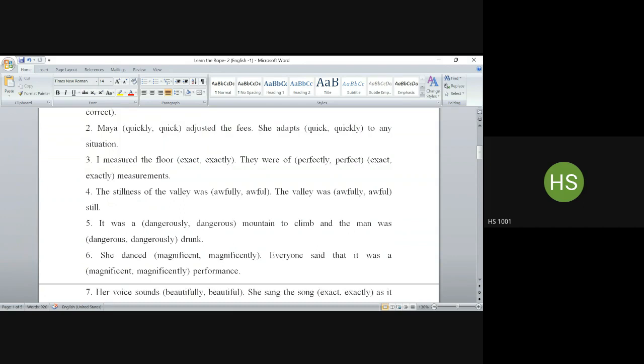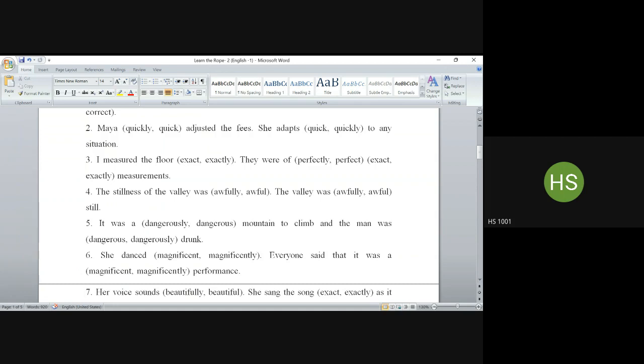So the stillness of the valley, the whole of that part is a noun construction. The whole of that part becomes a subject. It's a predicative usage. So the stillness of the valley was awful, right? Awfully is your adverb, awful is an adjective, and here you're using the adjective awful.